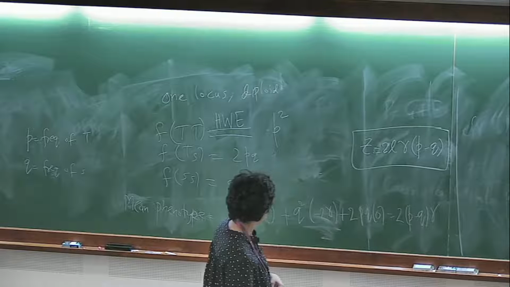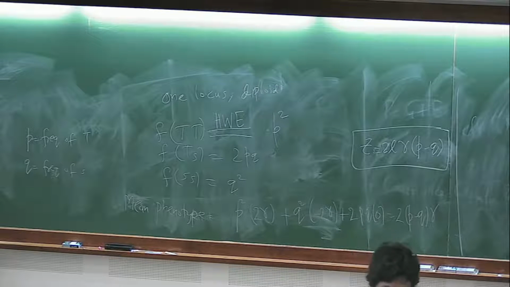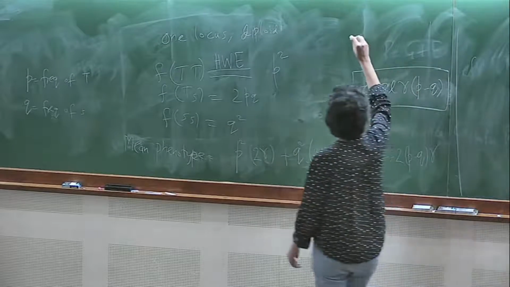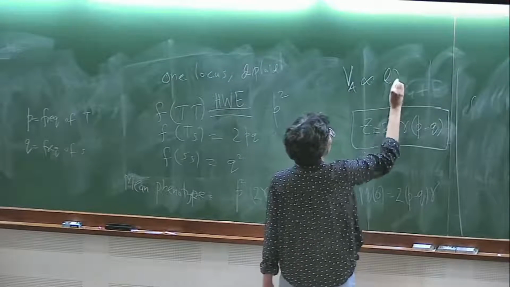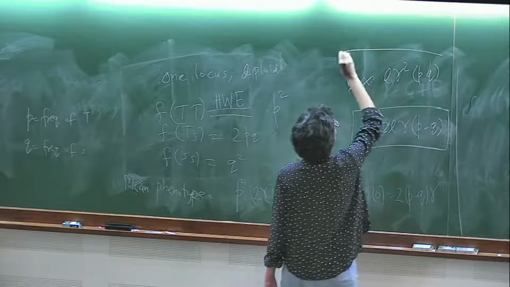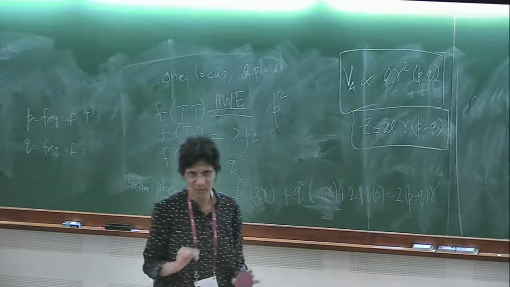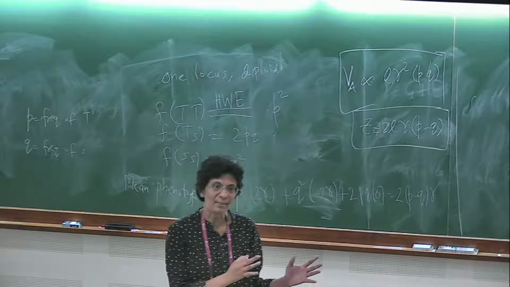P square minus Q square is P plus Q into P minus Q, and P plus Q is 1, so therefore it's P minus Q. Using this, you can find the additive variance, which comes out to be L gamma square into PQ. This is elementary math. You have to do it. Now, coming back to this question.